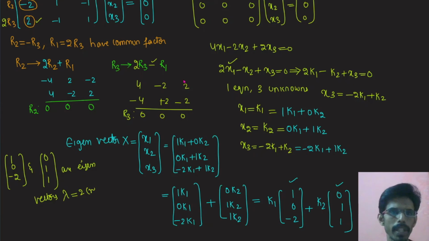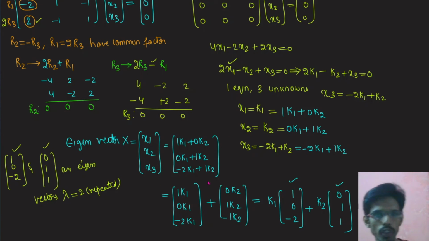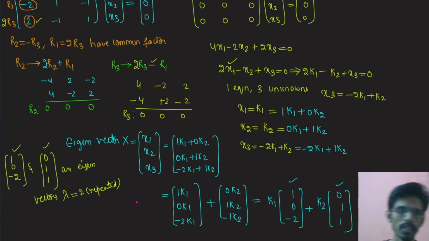That is, for a repeated eigenvalue we have two eigenvectors. And see here, this x1, x2, x3 is a linear combination of two eigenvectors. So this is the answer for repeated roots.